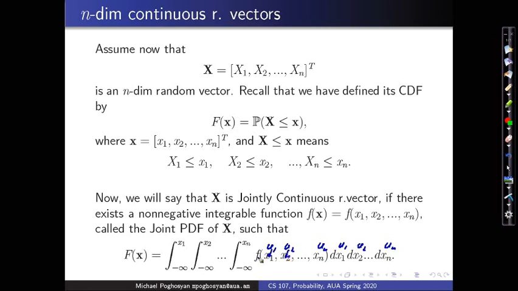And u1 is running from minus infinity to x1, u2 from minus infinity to x2, etc., un from minus infinity to xn, where x is the vector with coordinates x1, x2, xn. If there exists a function small f of this form, then we say that our random vector is jointly continuous, and this function is its n-dimensional joint PDF.